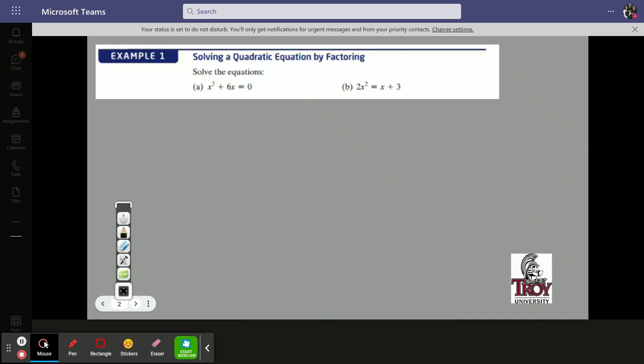All right, let's try one, and you'll see a little bit clearer what I'm talking about. Let's say I've got x squared plus 5x plus 6. A is 1, B is 5, and C is 6, right? My C is positive, so when I want to break these down, what am I looking for?